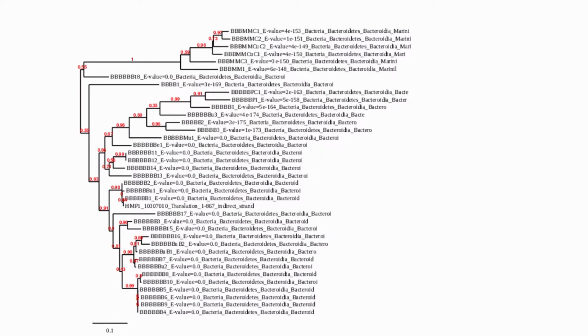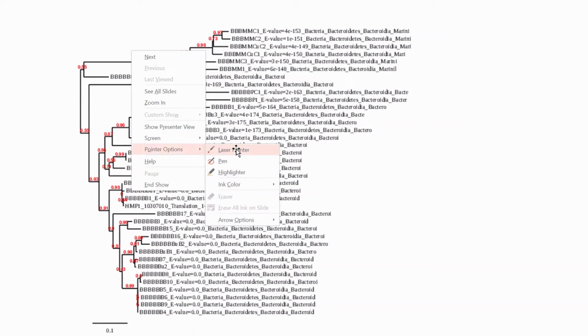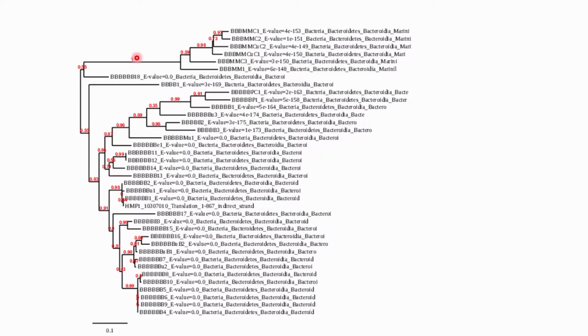So at that point 1, you see that all of the members behind the node belong to Marini. It means that at that node, this can be considered as a monophyletic group. Mono means only one name for the group, a similar clade.